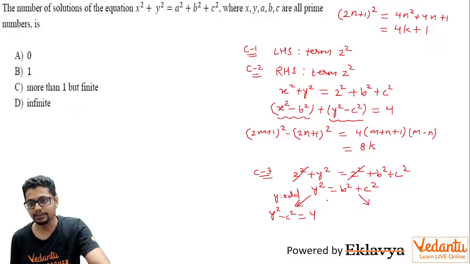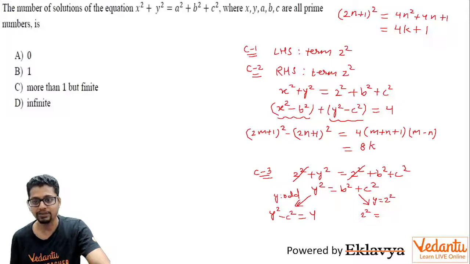Another possibility is when y is equal to 2 square. Now if b and c are both odd prime numbers, then the right hand side when divided by 4 would give remainder 2, because b square would give remainder 1 and c square would give remainder 1, and the left hand side doesn't give any remainder when divided by 4.